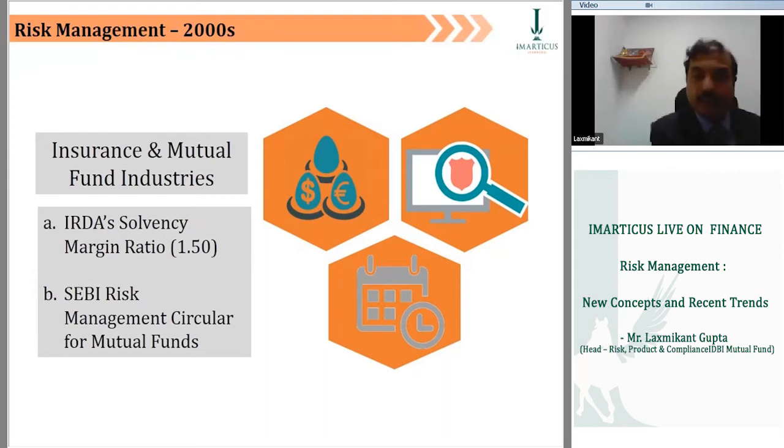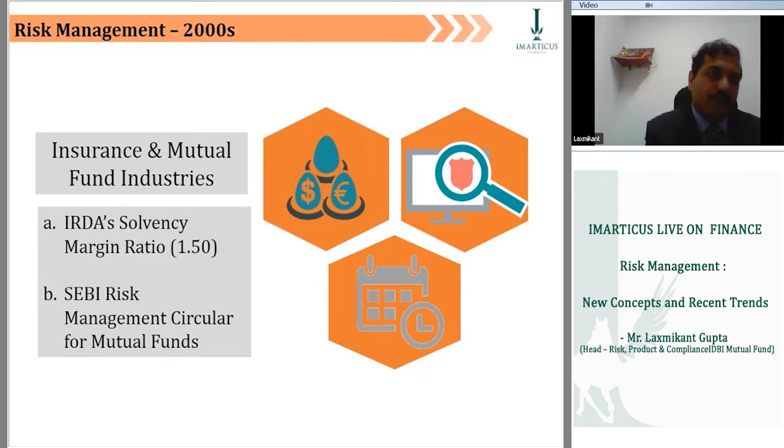Coming back to the 90s, in the mutual fund industry we had seen situations with Unit Trust of India's portfolio management system, which had various irregularities about cutoff dates and cutoff timings, and in the insurance industry, mis-selling was prevalent in those days.